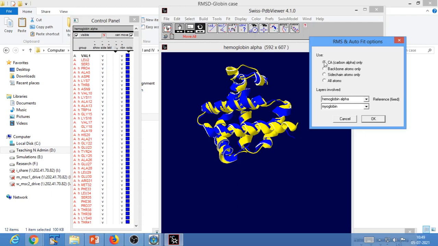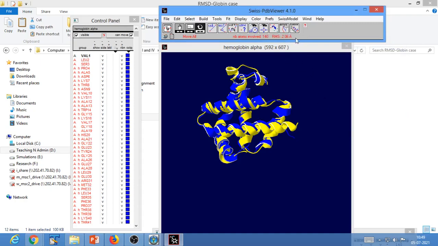For the time being we would be using C alpha carbon atoms for calculating the RMSD after superimposition. Now when you hit OK, you would find that the RMSD between the C alpha carbon atoms of hemoglobin and myoglobin is 2.06 angstrom.